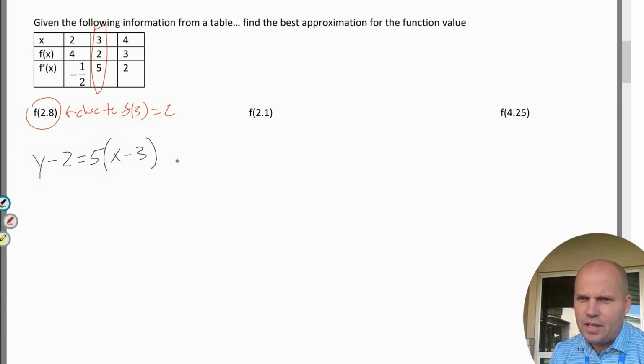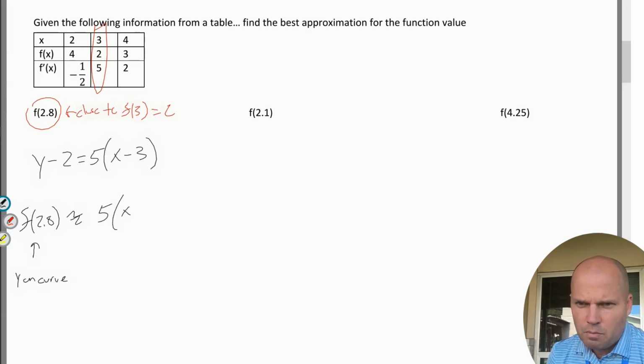And I will say this line mimics whatever this curve looks like around the point (3, 2). So if I want to approximate f of 2.8, which is going to be a point on my curve, I will use my line equation, and this will be a y on my line.